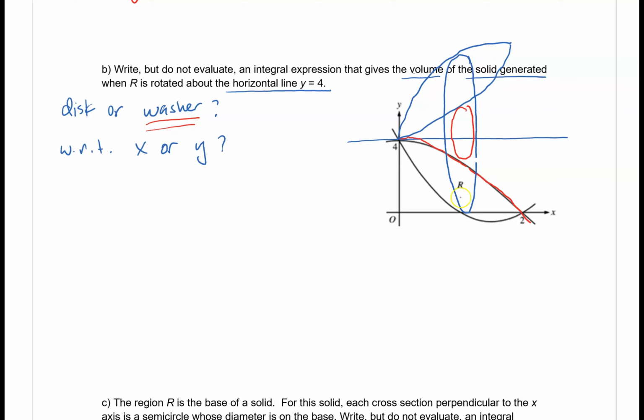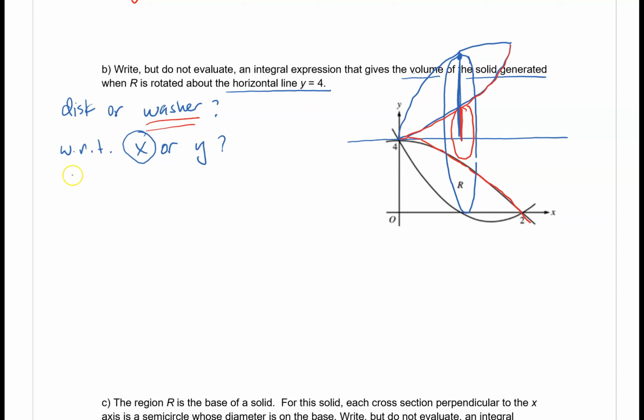The outer edge of it would kind of look like a bowl shape, and then the inner part would be sort of this cone-shaped gap. So in either case, the radius of each circle is standing vertically. It's a y value, and y is in terms of x. So we are going to be integrating this with respect to x because the radii are perpendicular to the x-axis.